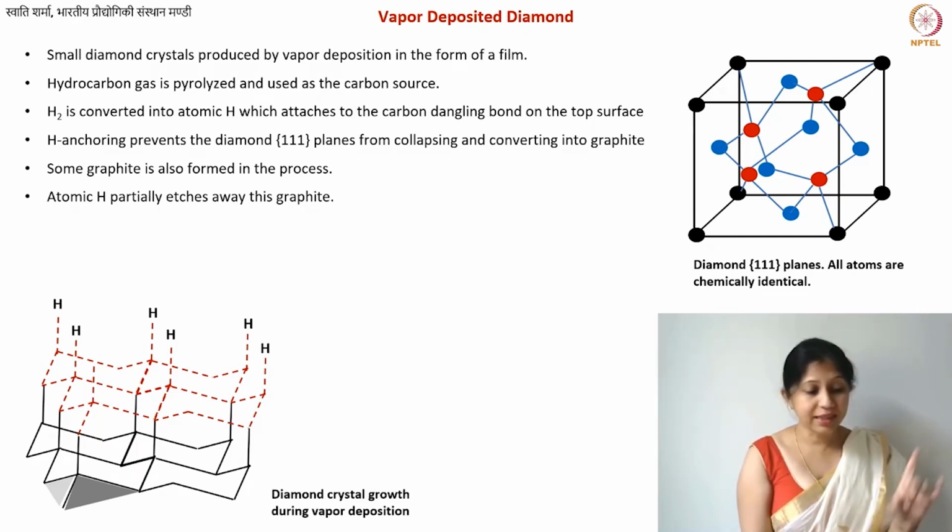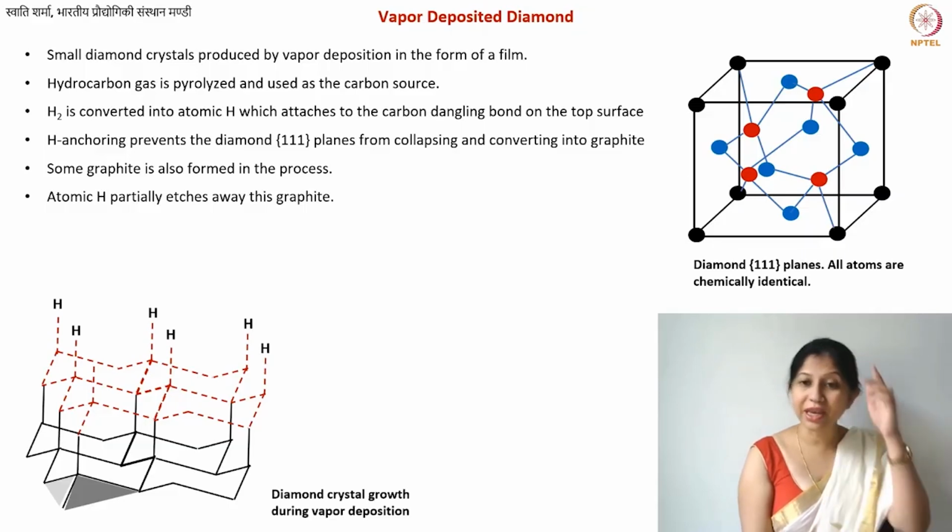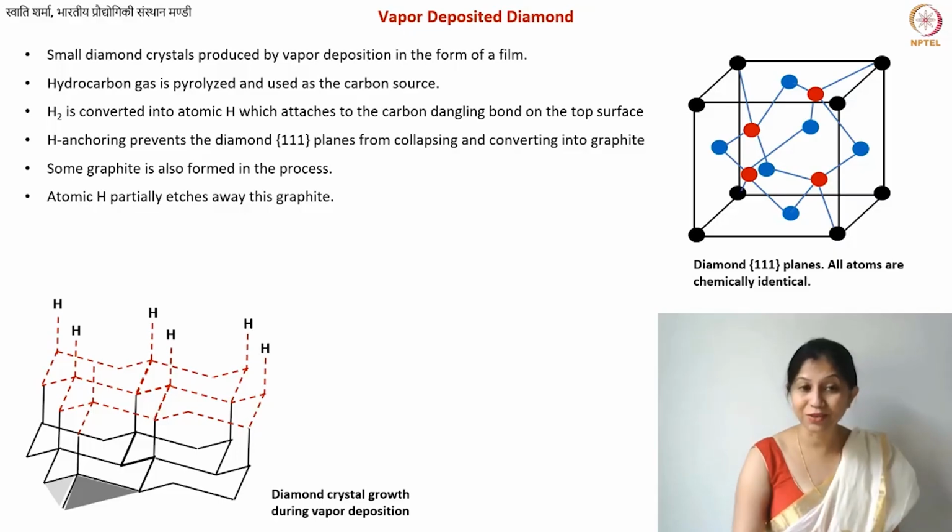Okay, so the point is that when the hydrogen splits into its atomic form, this material is very highly reactive. So what it also does is that in the case of graphite, it etches graphite away. So this is another mechanism by which the production of sp2 type carbon is reduced in the presence of hydrogen.